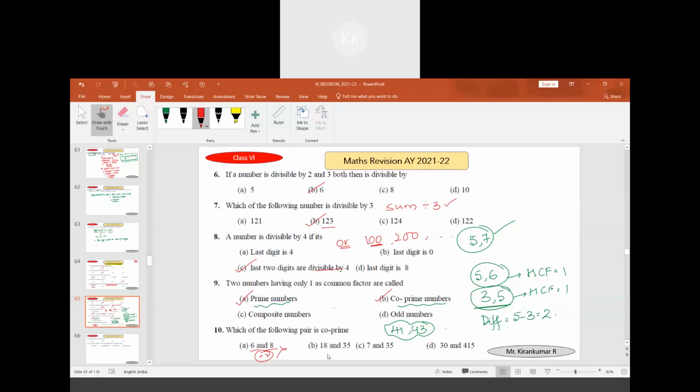This one has no common factor, so the highest common factor is 1. For another, the highest common factor is 7. For another, it is divisible by 3. So B is the right answer.